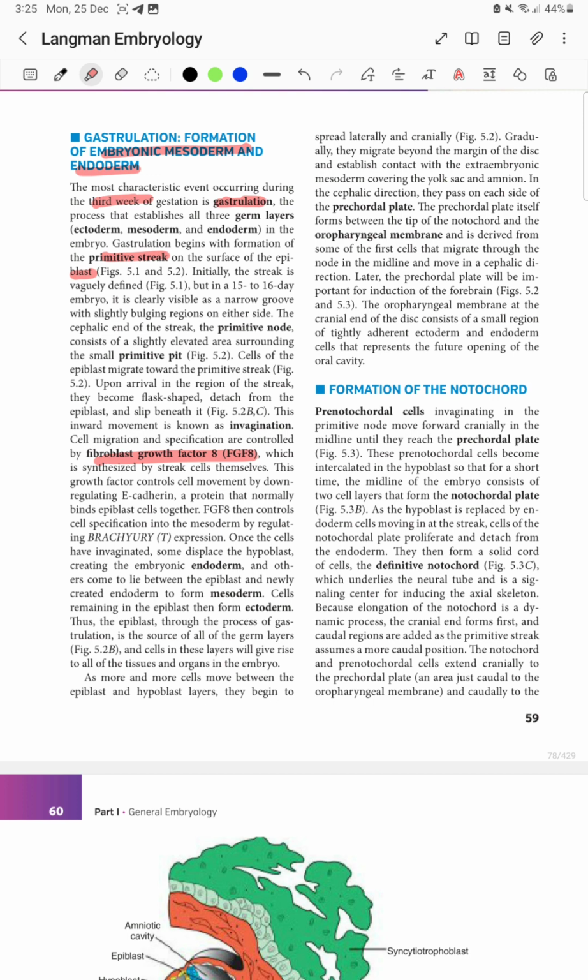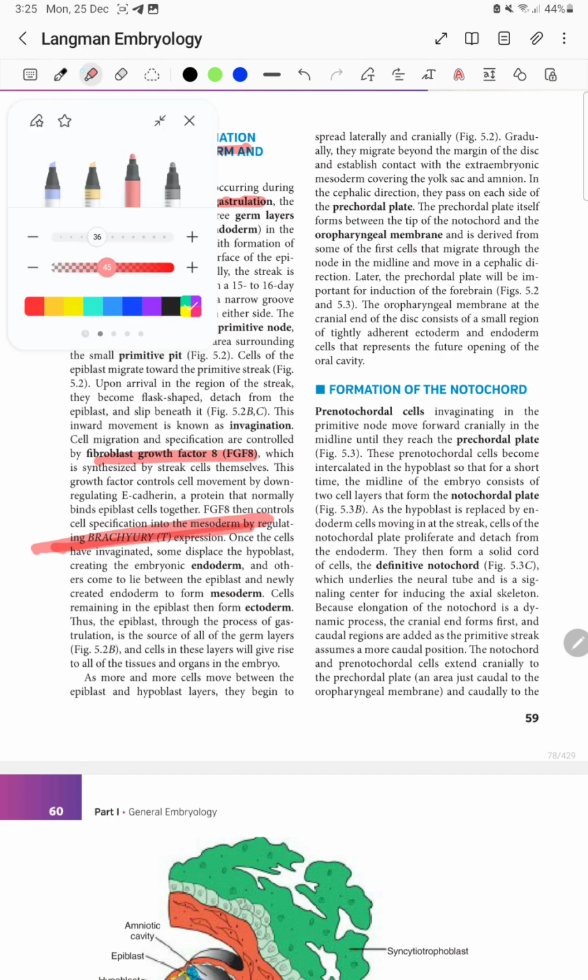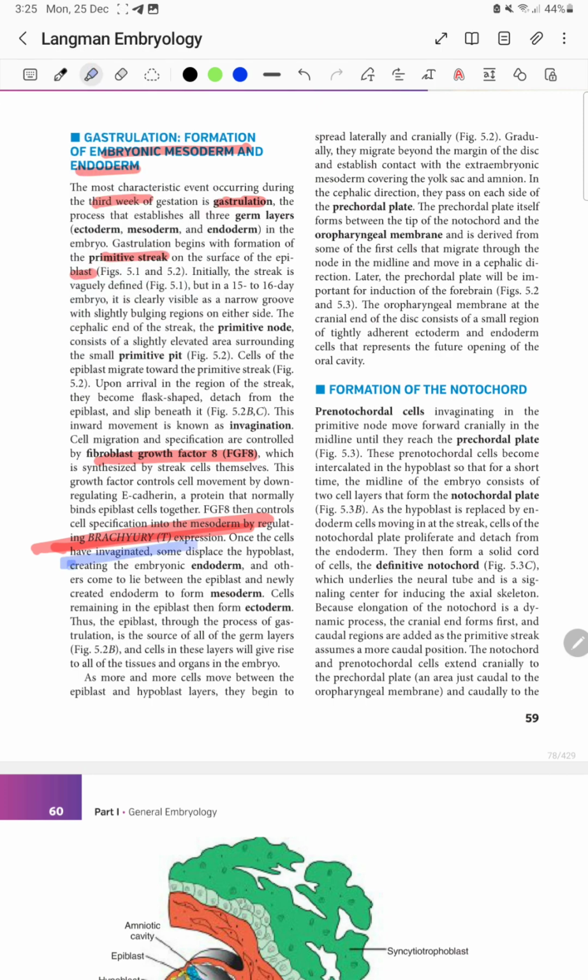Once the cells have invaginated, some displace the hypoblast, creating the embryonic endoderm, and others come to lie between the epiblast and the newly created endoderm to form mesoderm. So you can imagine that the upper portion is the epiblast and below the epiblast is the hypoblast.